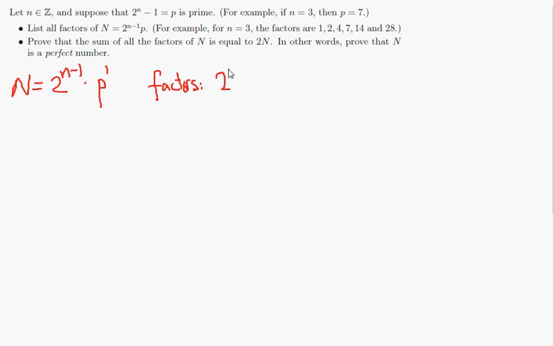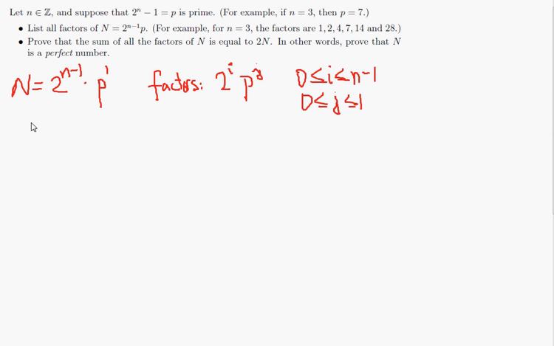So 2 to the i times p to the j, where 0 is less than or equal to i, less than or equal to n minus 1, and 0 is less than or equal to j, less than or equal to 1. So power of 2 times power of p, where the exponents i and j must be less than or equal to the respective exponents in capital N.